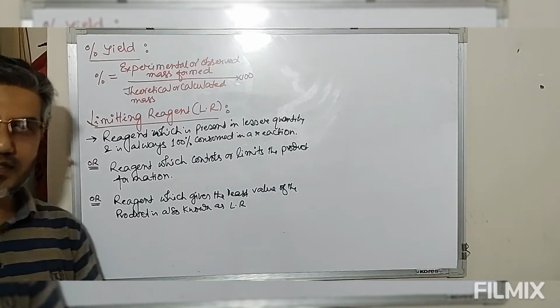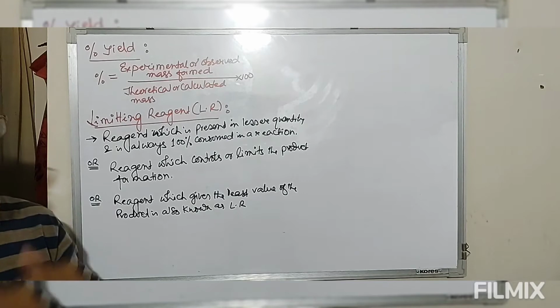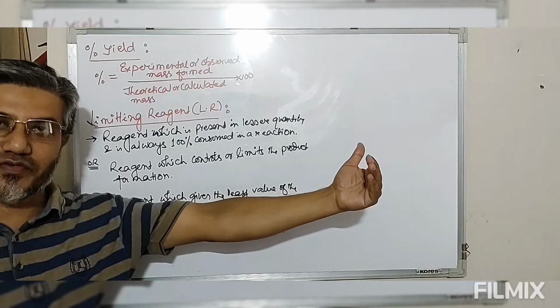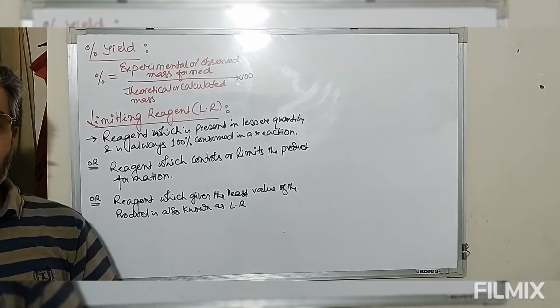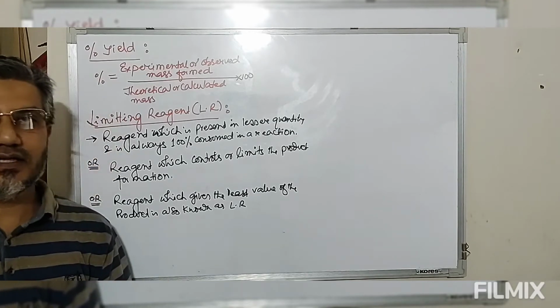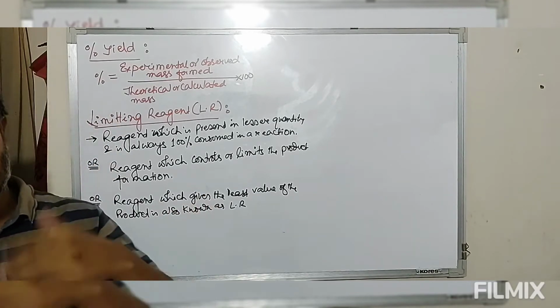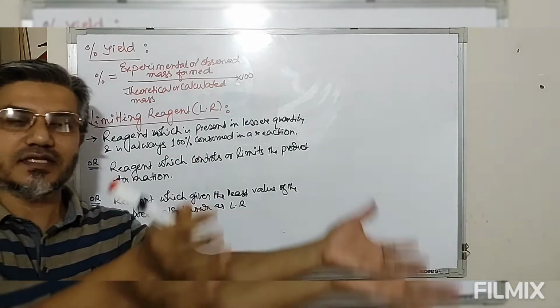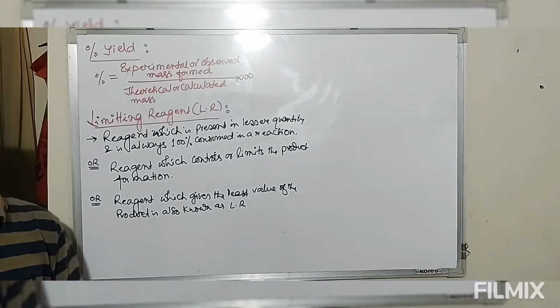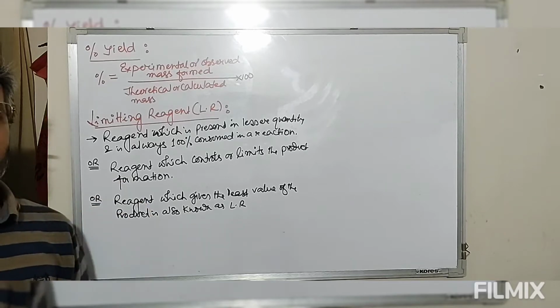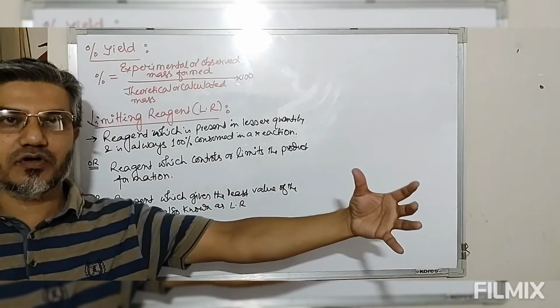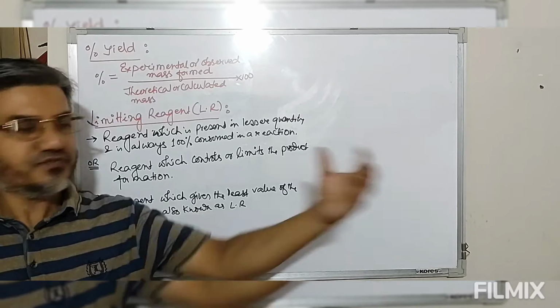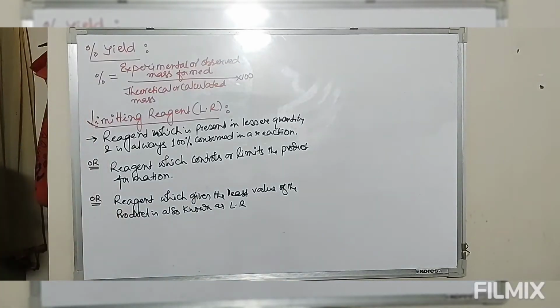Once the limiting reagent is defined, we can easily define how much of the product will be formed, and how much of the other reactant, which is present in excess quantity, is left unreacted in the given chemical reaction. So after the chemical reaction, we can also find the composition of the reacting mixture. So this is the concept of limiting reagent.